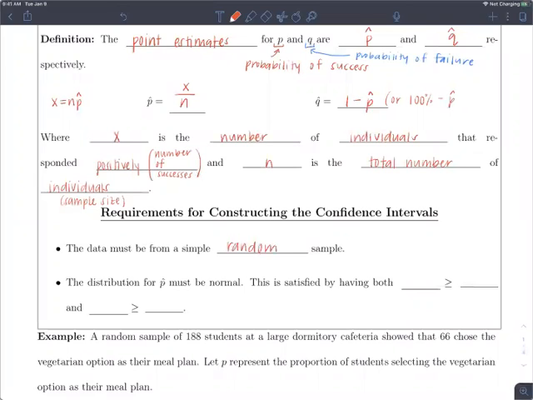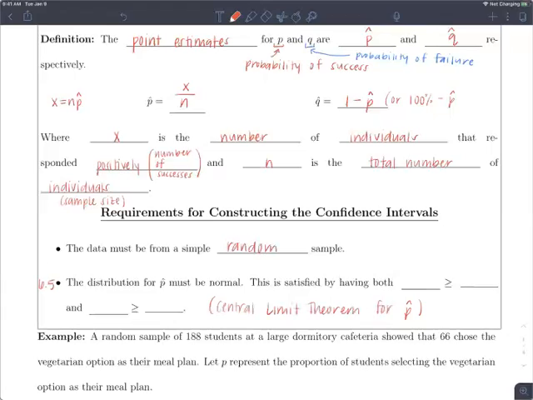And then what we're going to check for here is what we had talked about in chapter 6. This is coming from section 6.5, the central limit theorem for P hat.